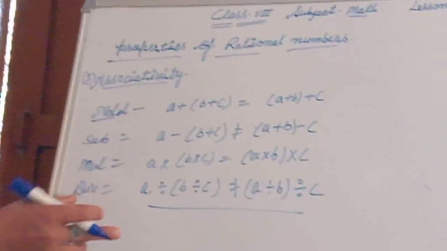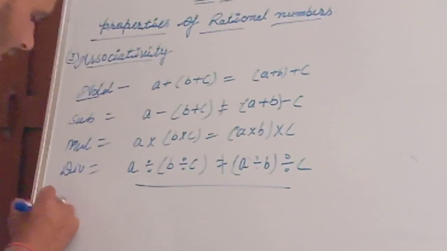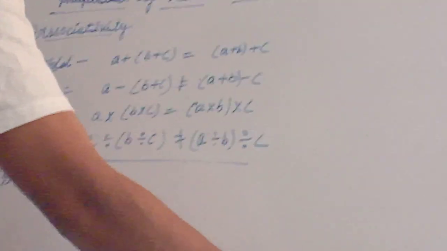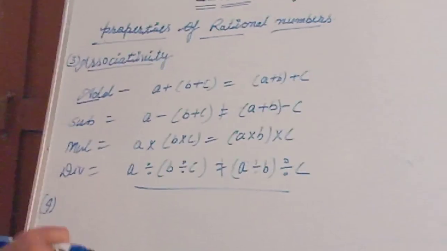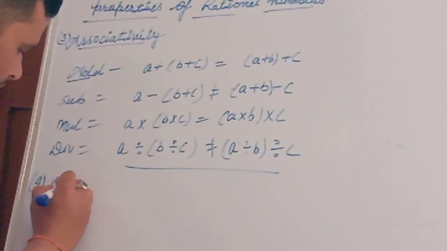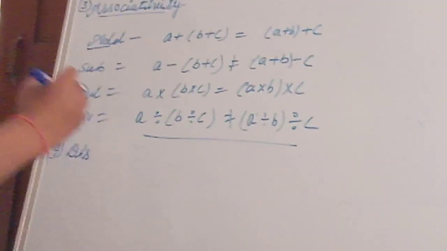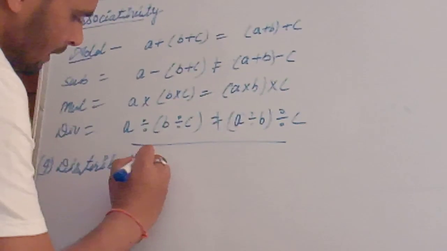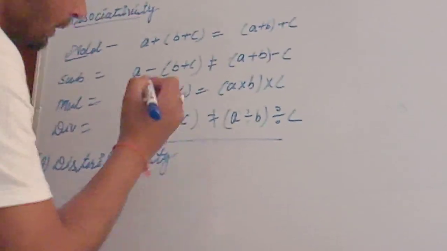Okay everyone, and the fourth and last property, the distributive property. Distributive property, spelled D-I-S-T-R-I-B-U-T-I-V-I-T-Y.